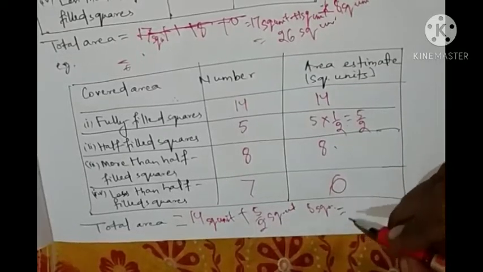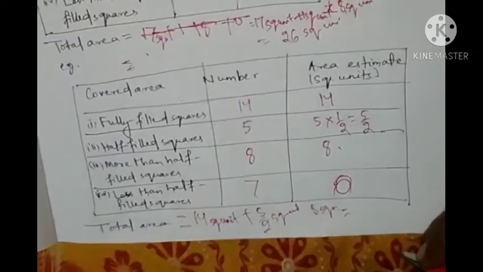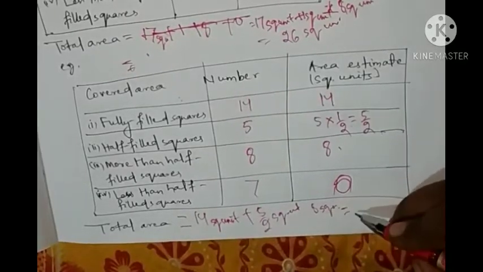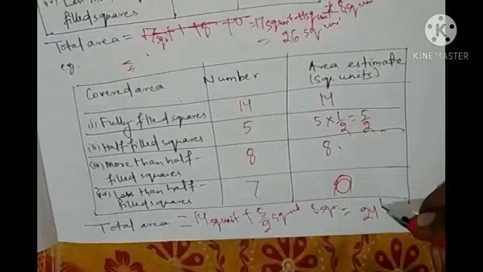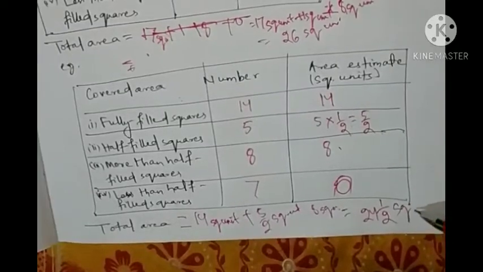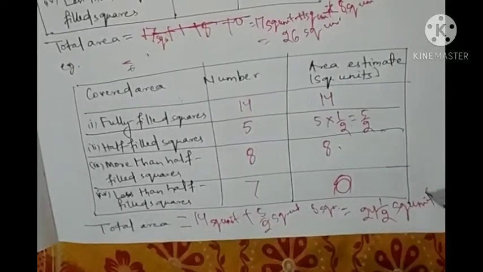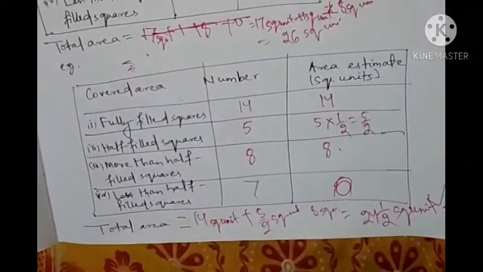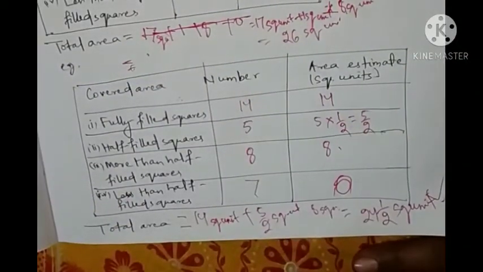So how much did we get? If we add this, we get 24.5 square unit. So this is the area of this figure. So this is about today's class, about area. I hope you have understood. Thank you.